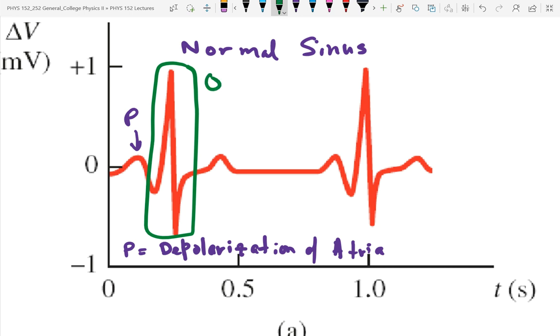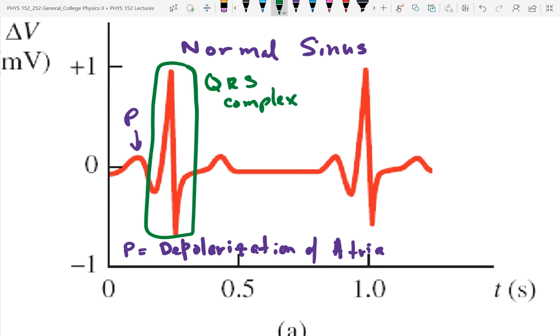That's called the QRS complex. It's three waves or three things going on in the heart at once. One is the repolarization of the atria. And so the repolarization of the atria is causing a general downward curve as it repolarizes. And then you have the depolarization of the ventricles.